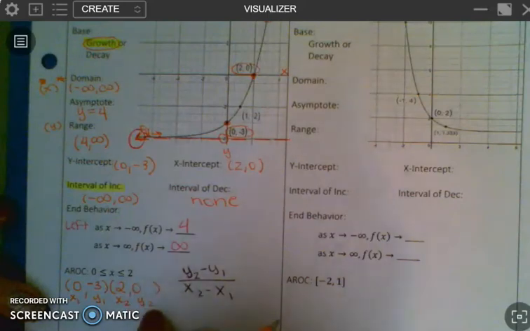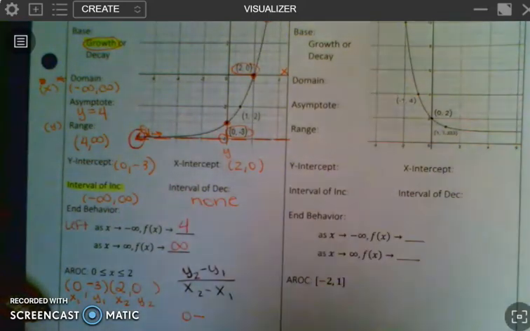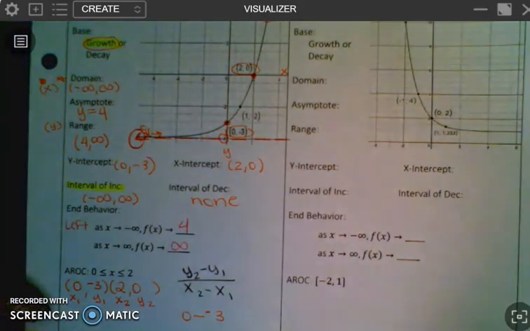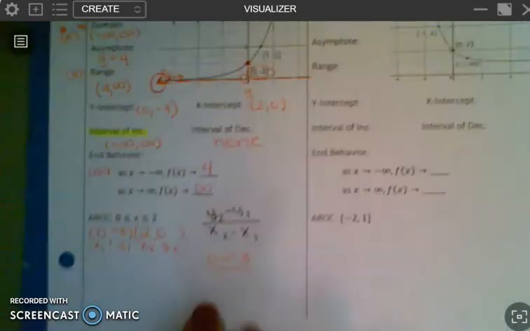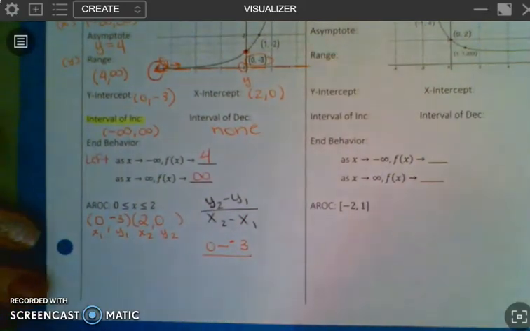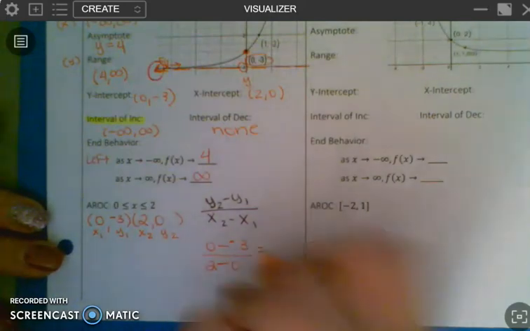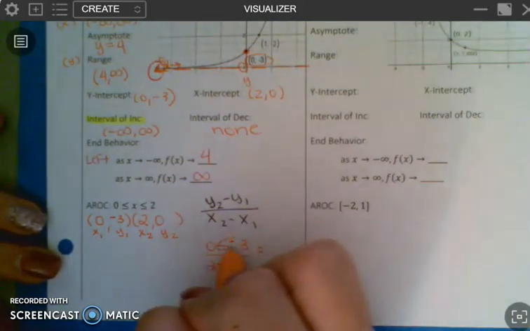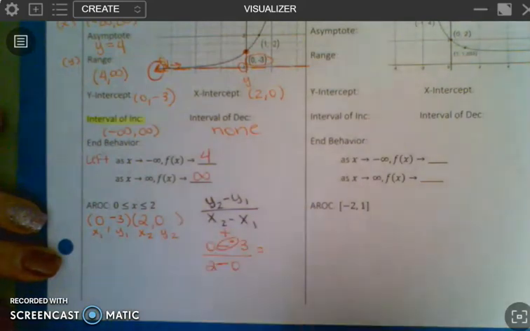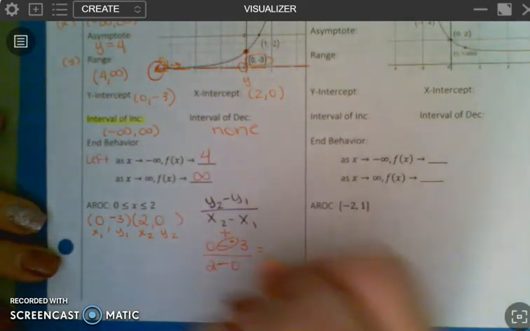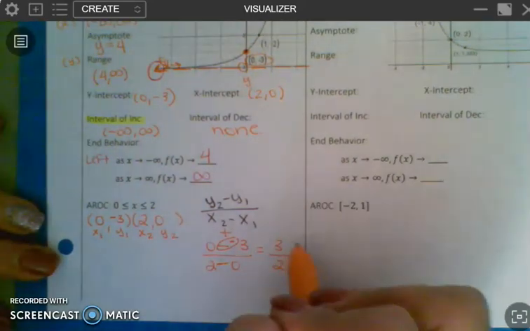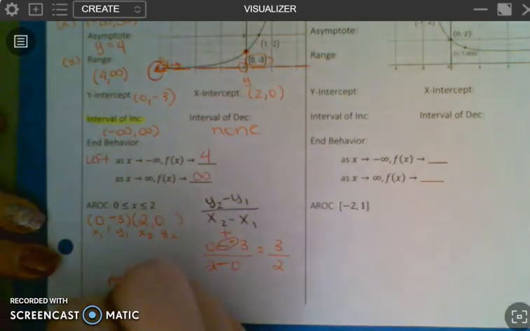So y2 is 0, minus, remember it's always minus, y1 is a -3, divided by x2 is 2, minus x1 is 0. Don't forget, these 2 negatives make a positive. So 0 plus 3 is 3. 2 minus 0 is 2. So your slope for this problem, or your average rate of change, means the same thing, is 3/2.